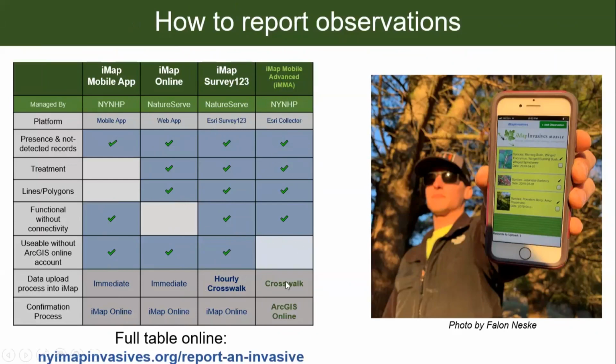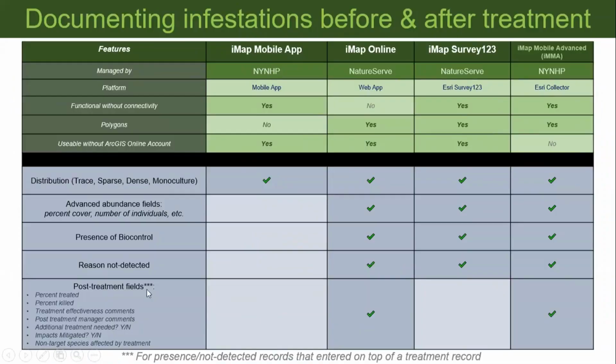But for today's presentation, I also added some information on the sorts of fields we talked about today. In this blue section, I listed out the fields that Jen has been discussing. For instance, that distribution field, so trace, sparse, dense, monoculture, you can report that on pretty much anything.